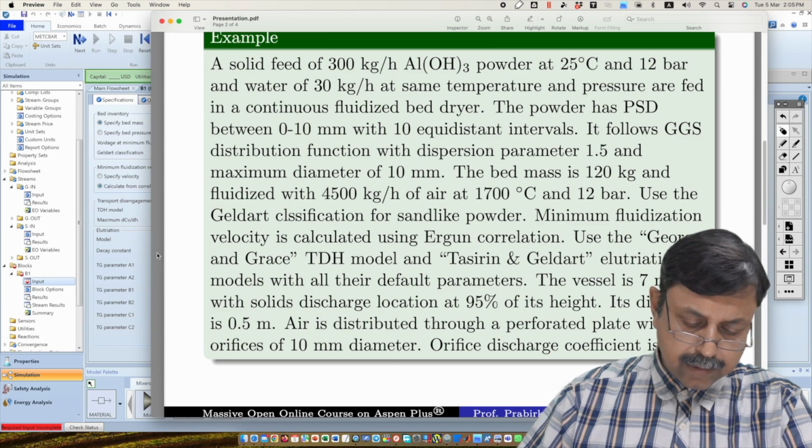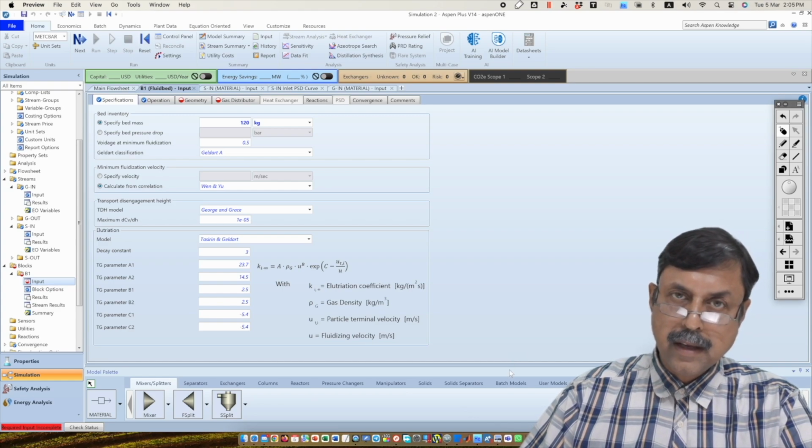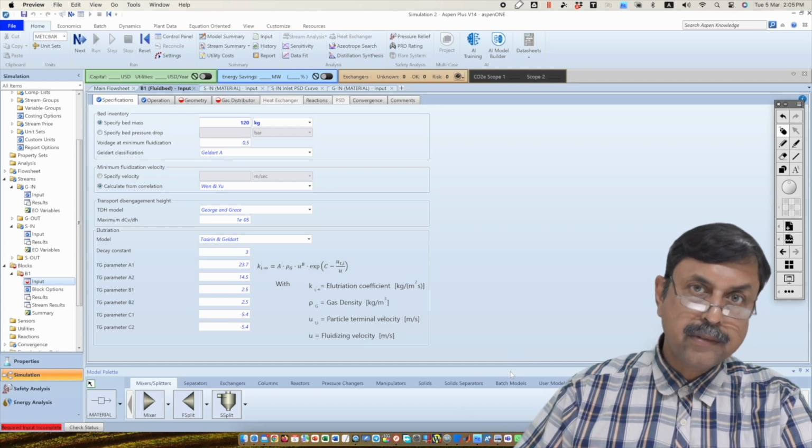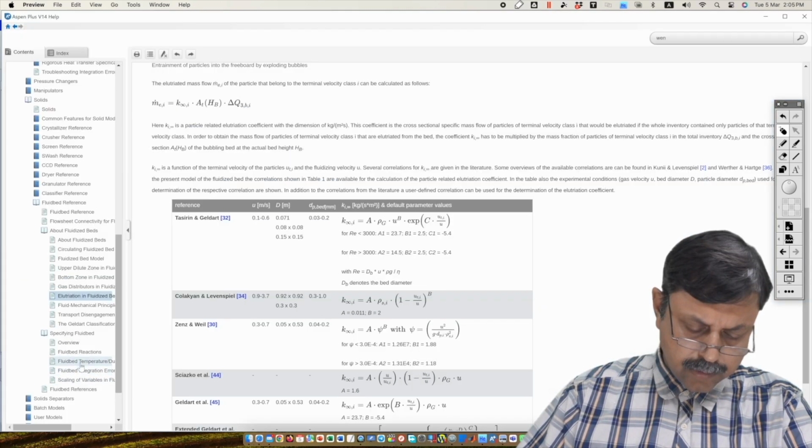And next one is Geldart classification, for sand-like powder. Let us refer to the help file once again and check which one is ideal for sand-like powder. So this is the Geldart classification.